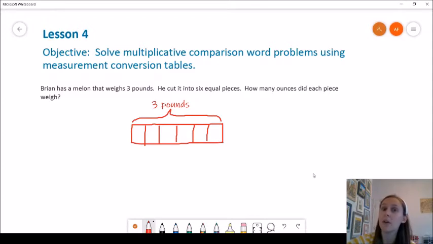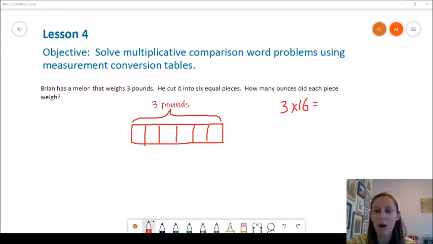Now, if we look back at our unit conversion tables that we made, we know that each pound is 16 ounces, which means that our rule for converting pounds to ounces was to multiply by 16 because each pound was an equal group of 16 ounces. So we need to do 3 times 16 to figure out how many ounces that would be.